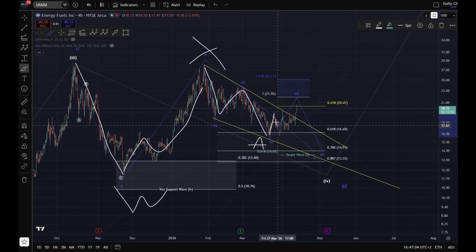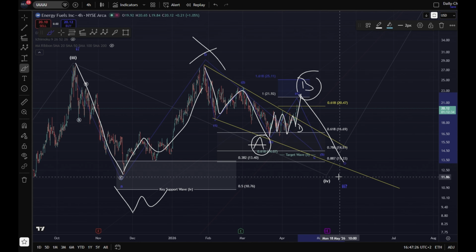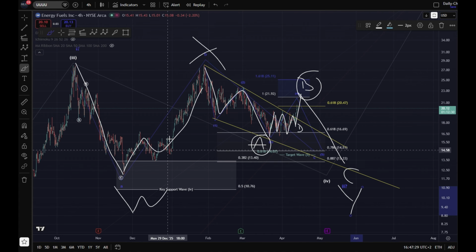Then we got the triangle in the B wave, A, B, C, D, E. And this is breaking in the opposite direction now, the B wave here. And now we see the C wave up. And this is the larger B wave to this A wave. And we see a C wave afterwards of the Y wave. All right, so we have a WXY.